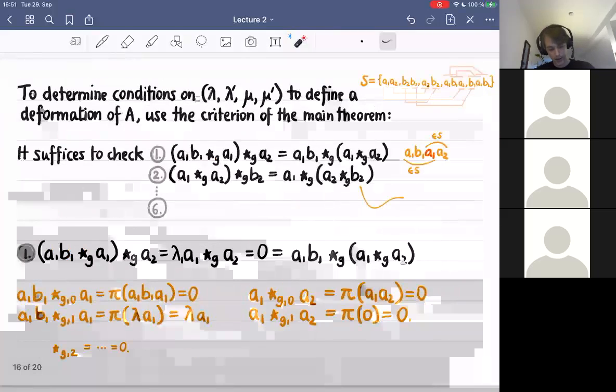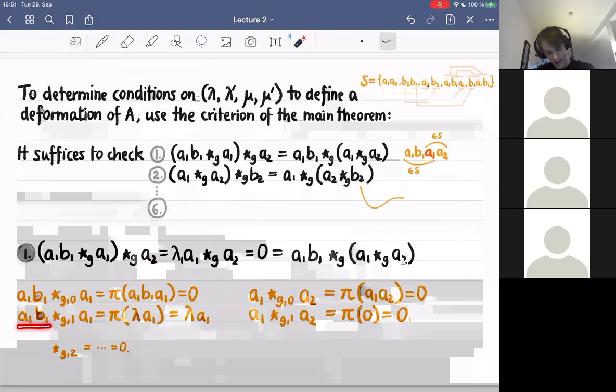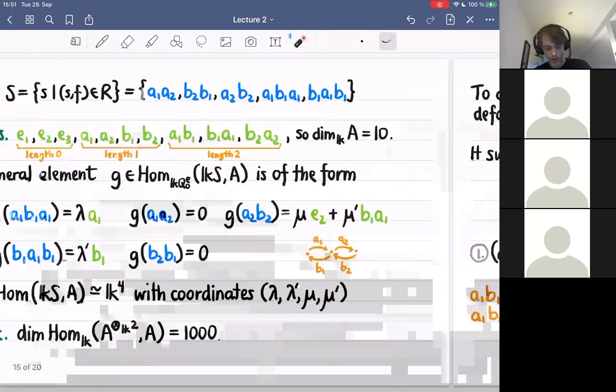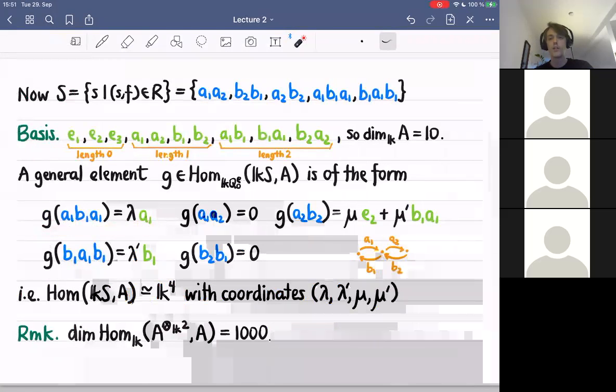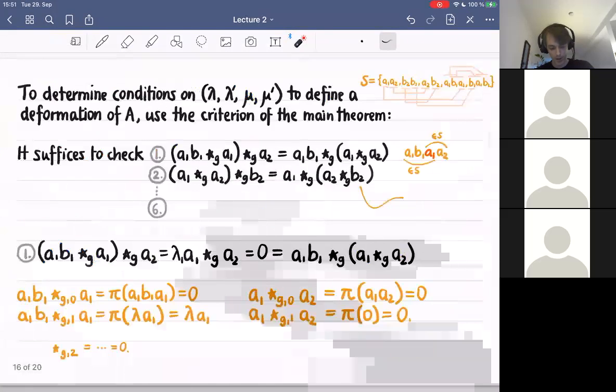Okay, and now we can also use G. And so this is the next term here, A1, B1, star G1 with A1, which means we use G once. And now we said if we use G once, then we should send A1, B1, A1 to lambda times A1.